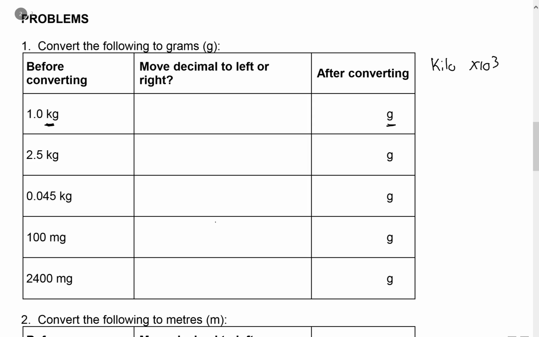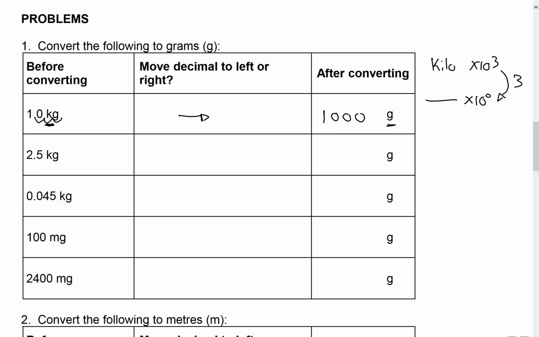Regular grams, there's actually no prefix, so there's nothing there, and that's times 10 to the 0. Because 10 to the 0 is just timesing it by 1. We're not actually doing anything. So again, we're going to move 3 zeros, and because we're moving down, we're going to move the decimal point to the right. So here I'm going to go 1, 2, 3. After converting, I'm going to have 1,000 grams.